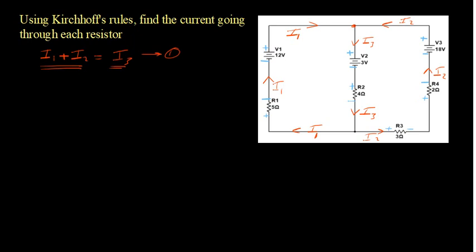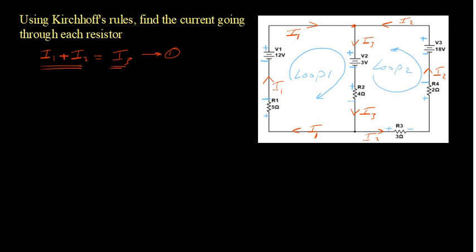Now the second step is to decide the loop direction or the travel direction. So for the left loop, I will go clockwise, and this is going to be loop 1. For the right loop, I will go counterclockwise, and this is loop number 2.